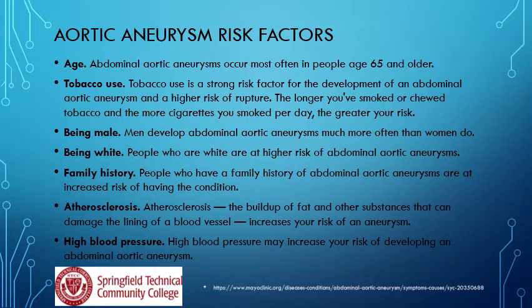Patients with a family history of abdominal aortic aneurysms are at higher risk. Atherosclerosis, the buildup of fat in your arteries, can damage the lining of a blood vessel, putting you at risk for an aneurysm. And high blood pressure as well increases your risk of developing a AAA.